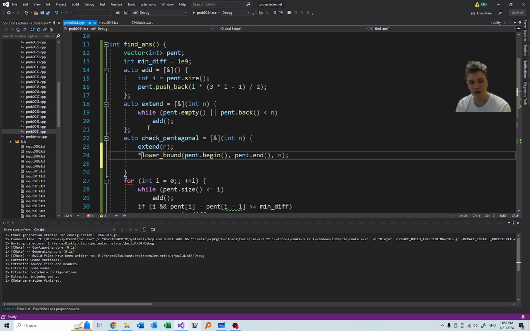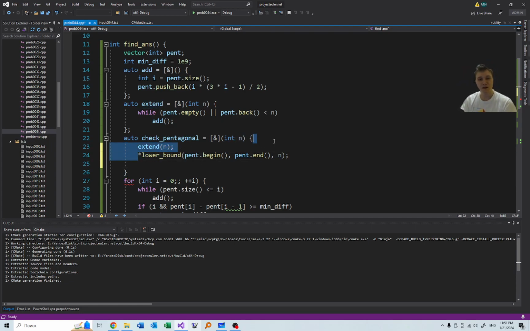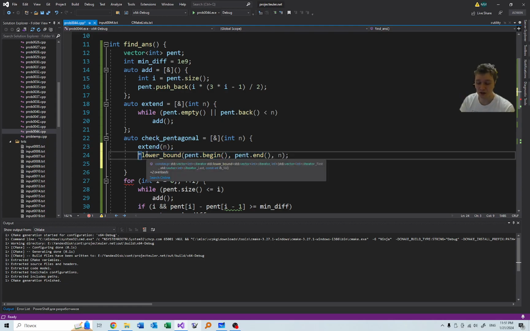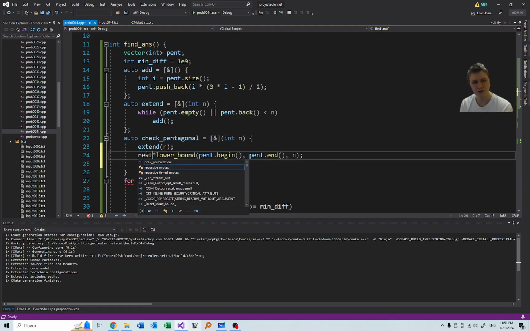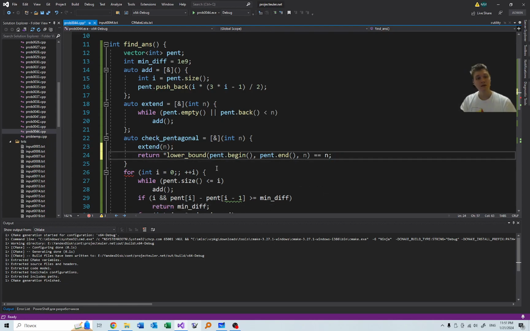Then we take this position. This keeps the function from being out of bounds. And we return that it equals n. So this is simply a binary search.